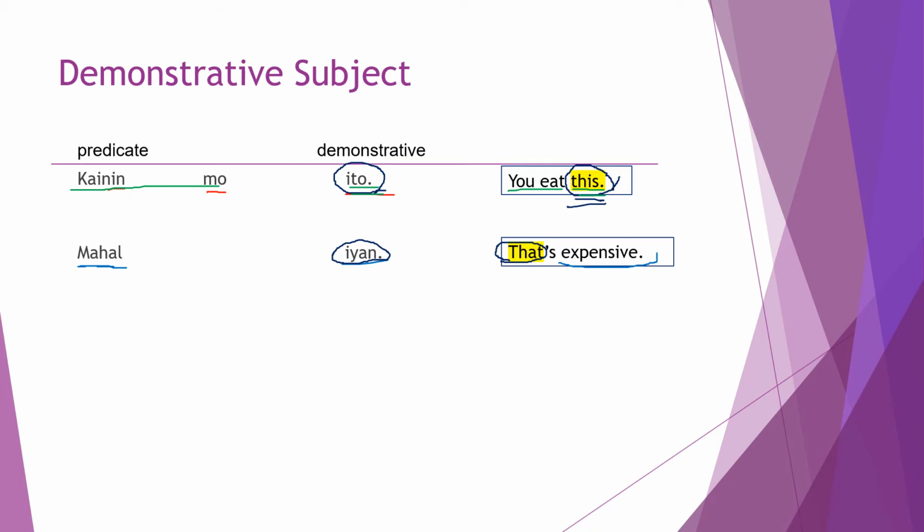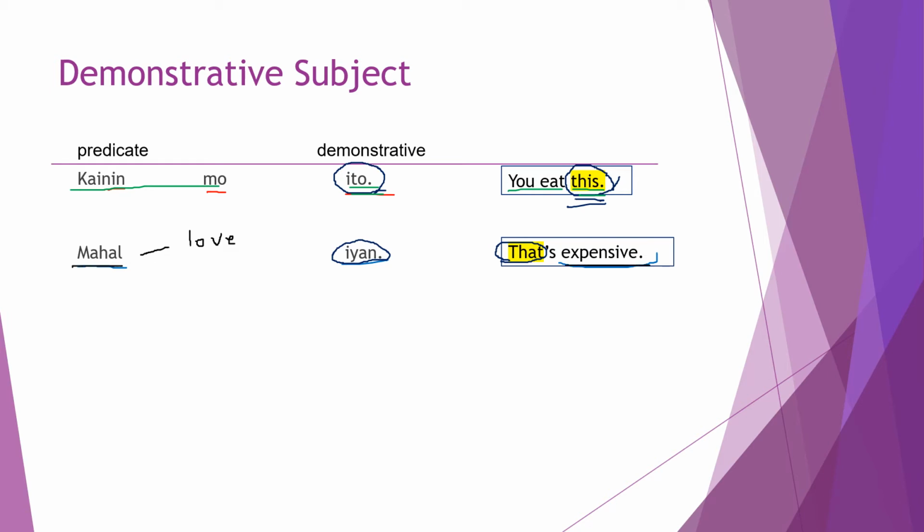By the way, if you're familiar with the word mahal, you may be confused because sometimes mahal means love, like in mahal kita, I love you. But this time, mahal means expensive.